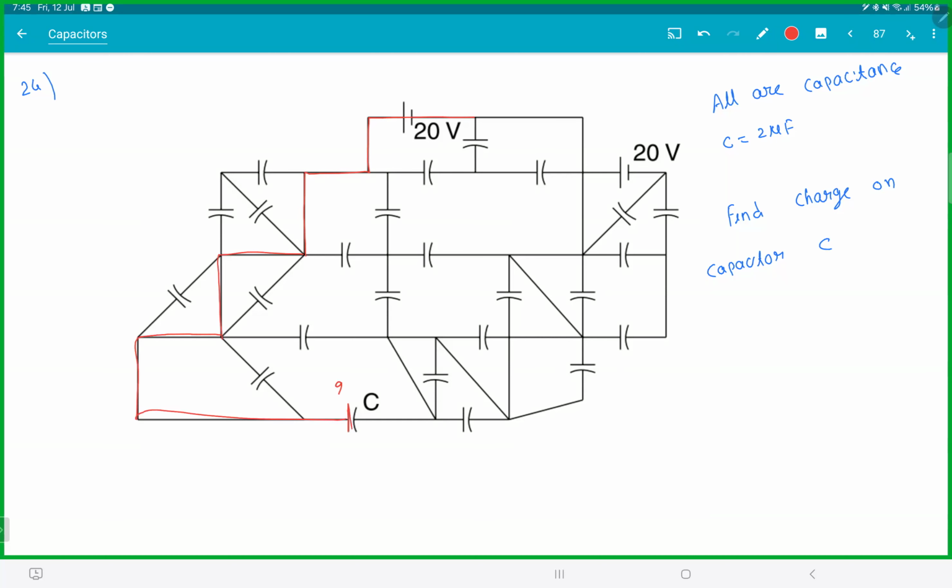So let this be charge Q. Got it? So if you apply Kirchhoff's loop law in this loop, you will observe 20 minus Q by C is equal to 0. So Q is equal to 20C, 40 microcoulombs. Easy? So that is the main thing here.